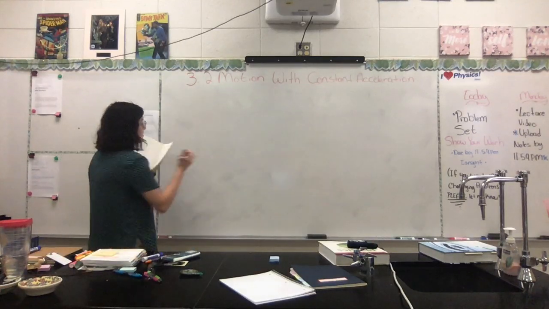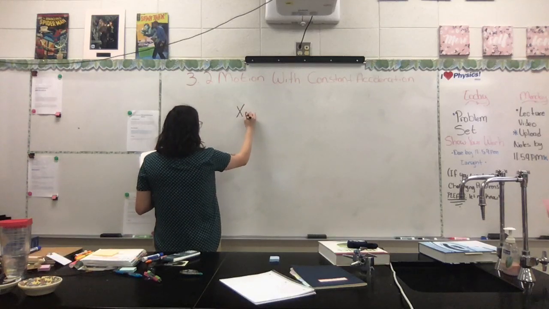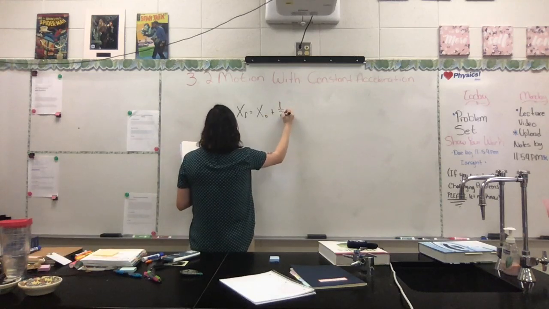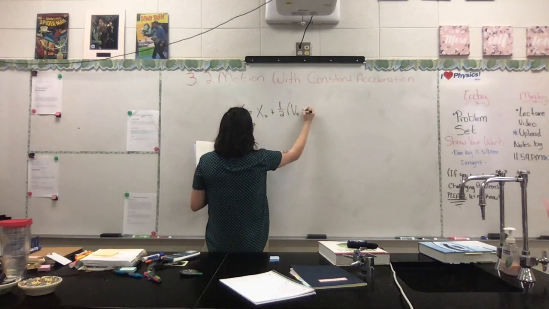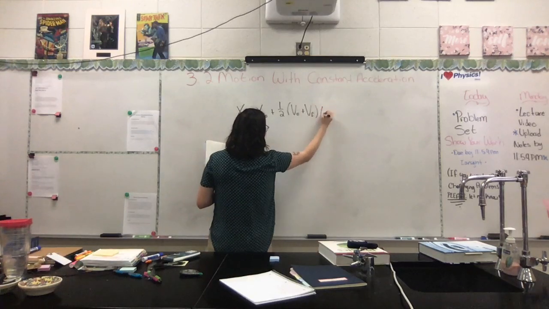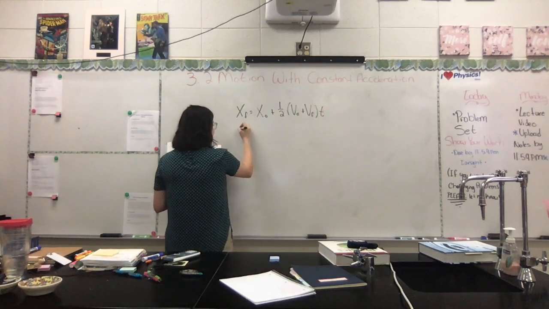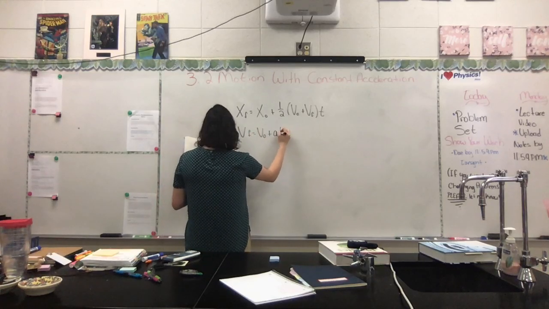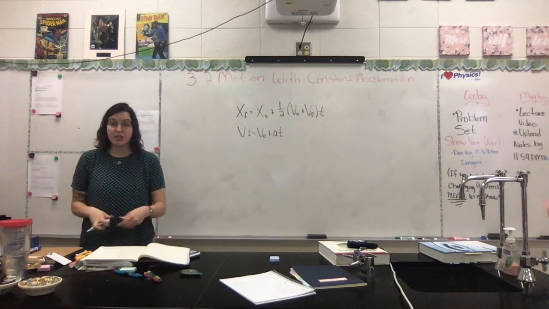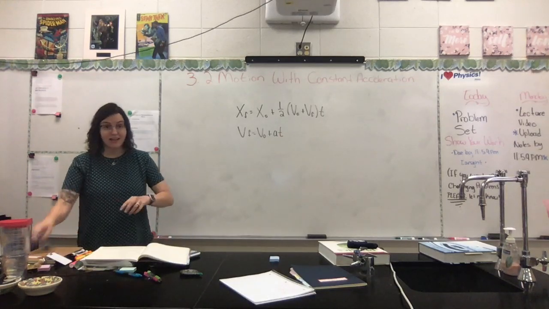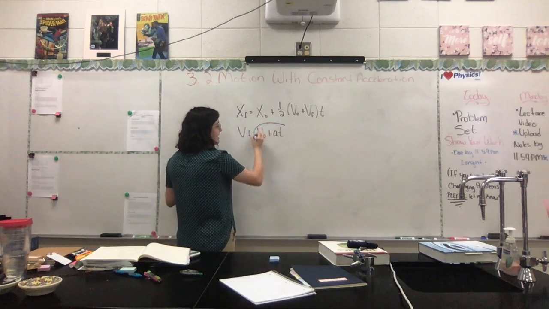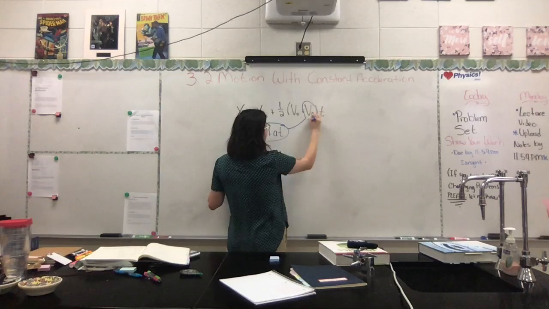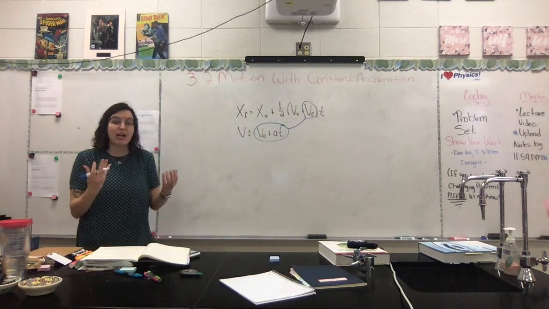We just learned that our final position is equal to our initial position plus 1/2 initial velocity plus final velocity times t, and that VF is equal to V naught plus AT. So what we can do, your guys' absolute favorite thing, is that we can take this right here, this V naught plus AT, and we can plug it in for the VF in this equation. And it's going to give us a brand new equation.